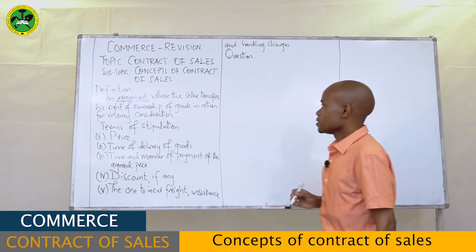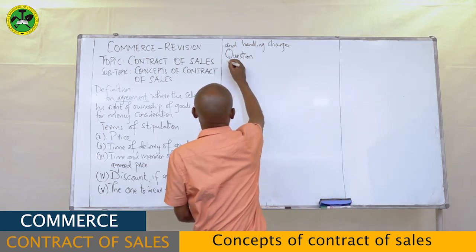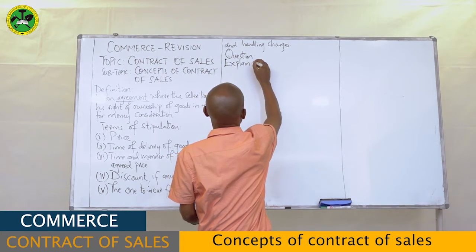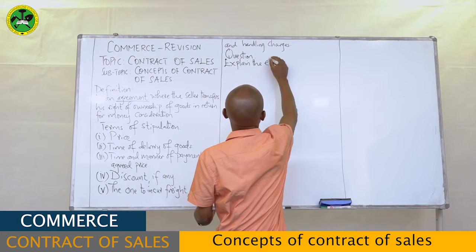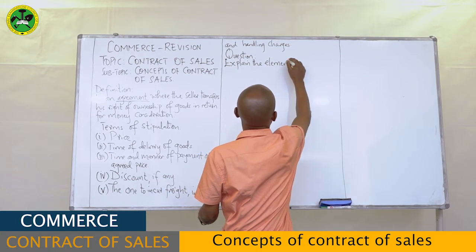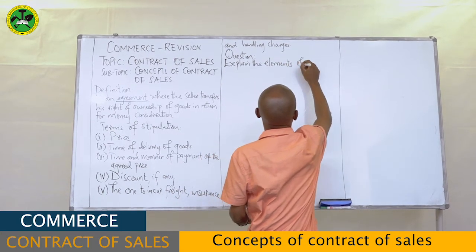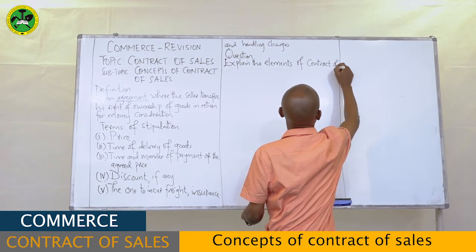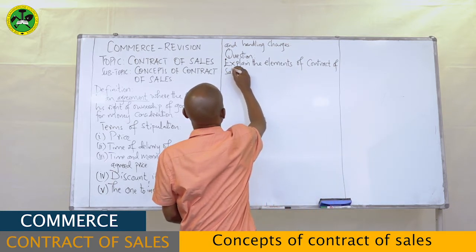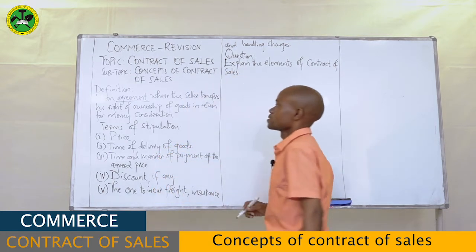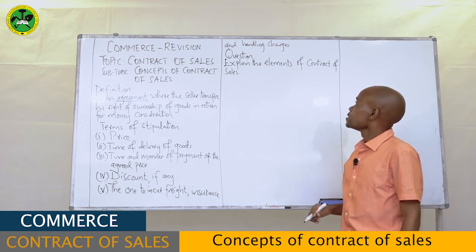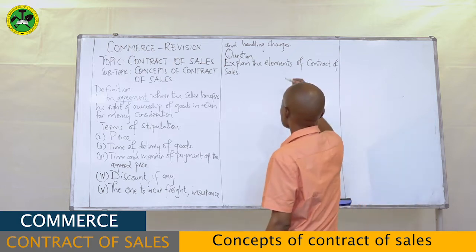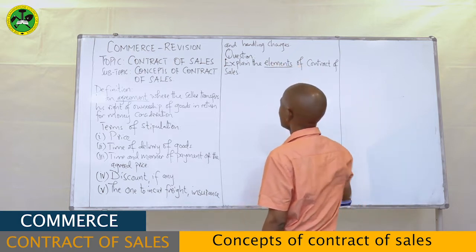So the question can be: explain the elements of contract of sales. The main issue here is going to be elements.